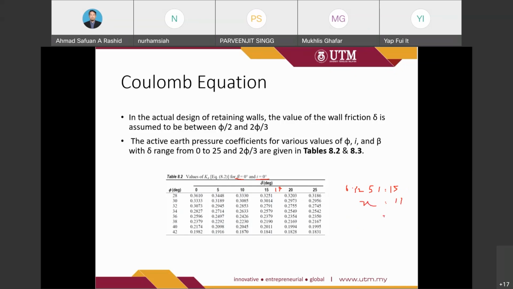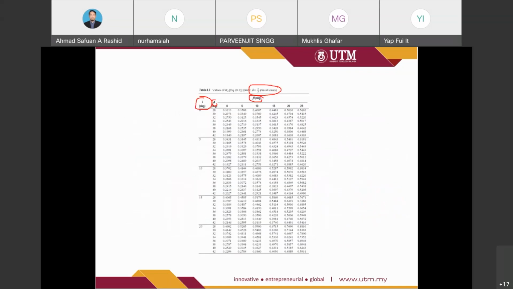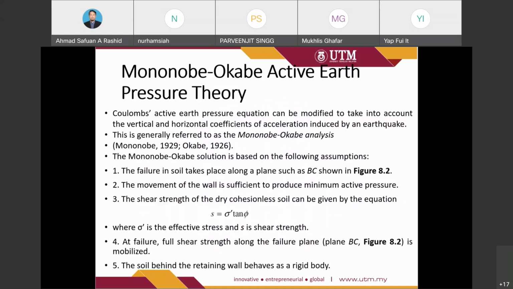Then for 20, it is equal to 0.3203. So we use the interpolation approach to get the value exactly for 17 degrees. If it is very time consuming, we go back to the whole equation for Ka. So that is for the static approach.